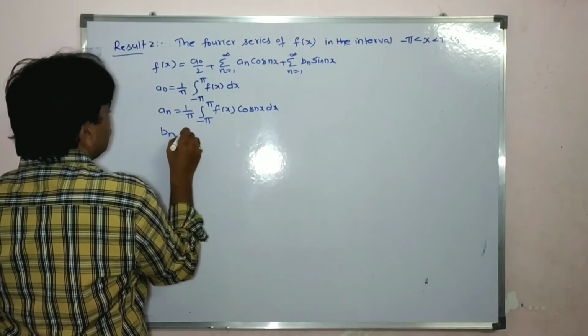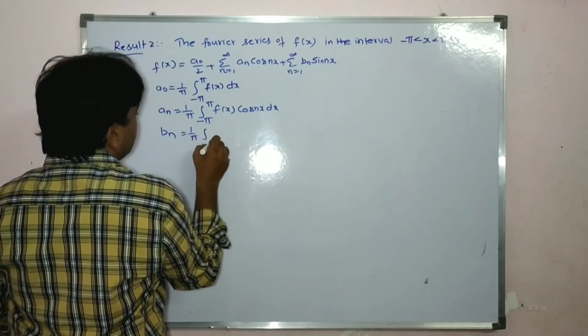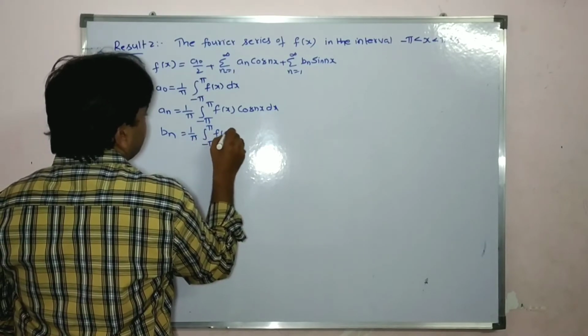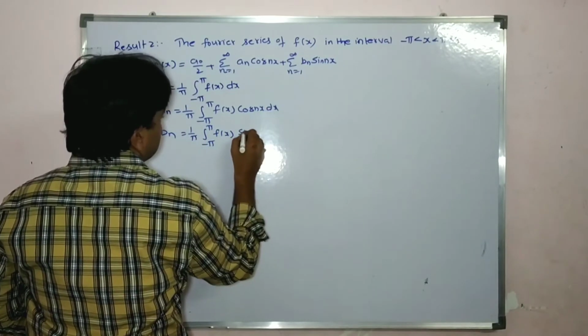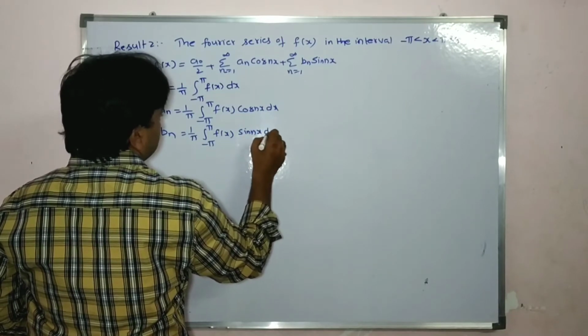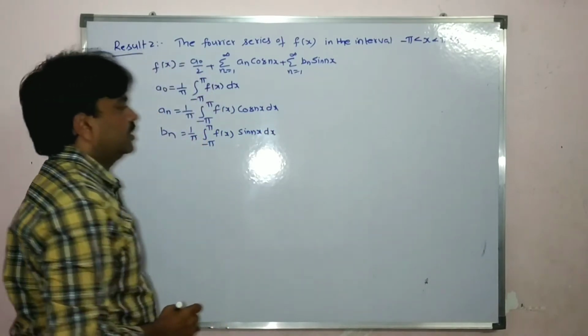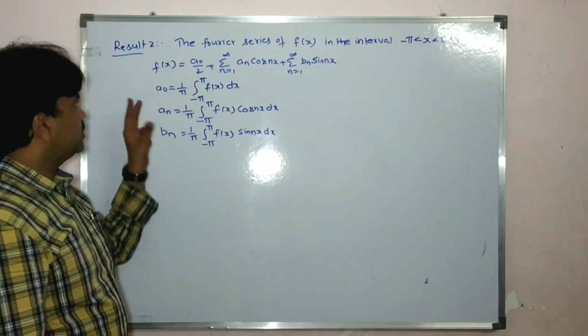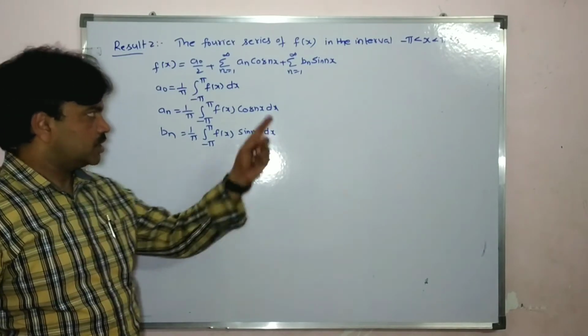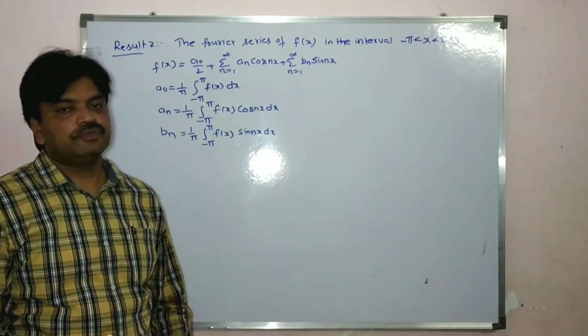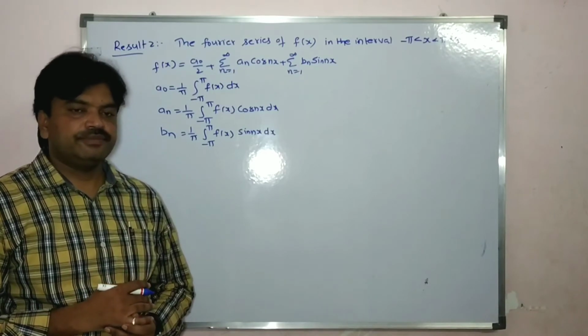Now the b n value, 1 by pi integral minus pi to pi f of x sin nx dx. This is the Fourier series, students, for minus pi less than x less than pi.